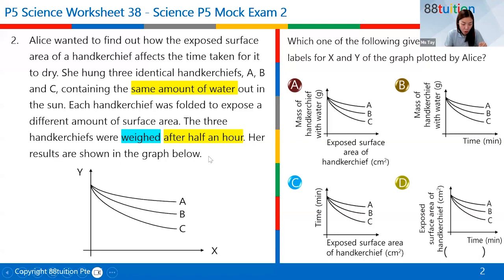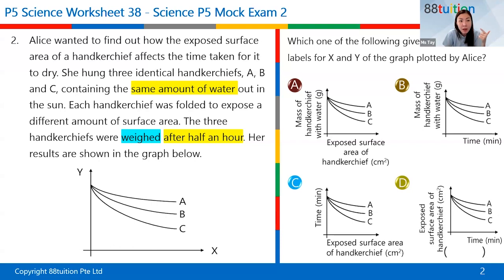Now, let me talk to you about how this surface area thing happened. Can you all visualize how the handkerchief is folded to have the exposed surface area? Do you have any problem visualizing? Imagine one piece of handkerchief being folded. When you fold it once, the exposed surface area is going to be half, right?